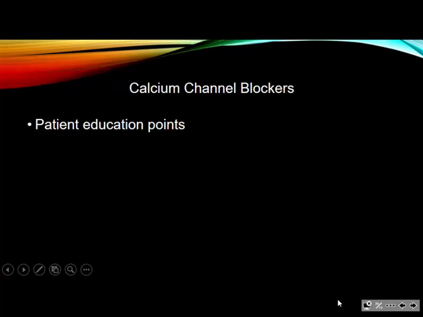So what are some patient education points that you guys can think of for patients that we send out on calcium channel blockers? What about if you send them out on amlodipine? What are you going to tell them to look for? Peripheral edema, swelling. Notify your physician. And then what if you have someone that you send out on a non-dihydropyridine calcium channel blocker?